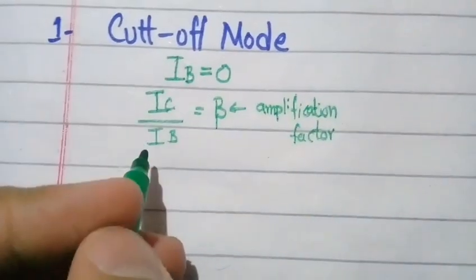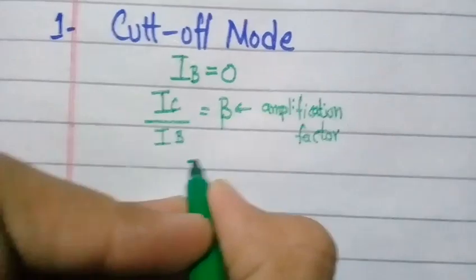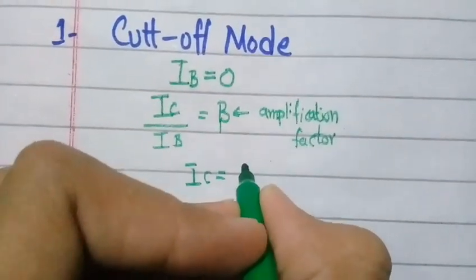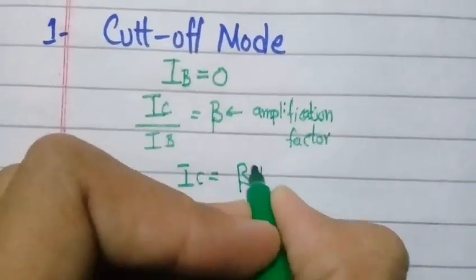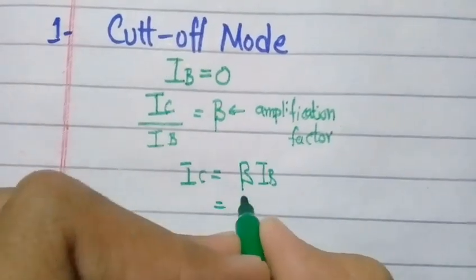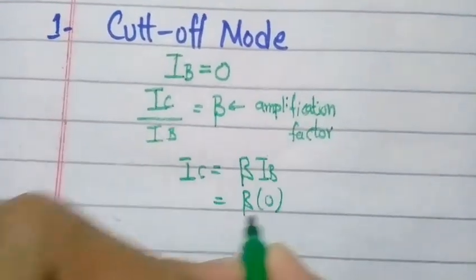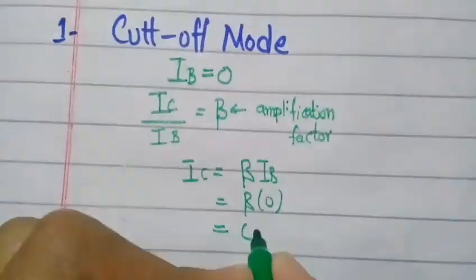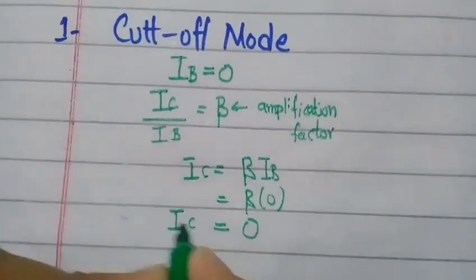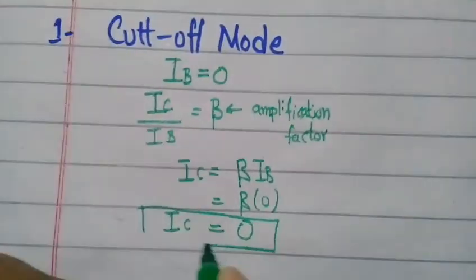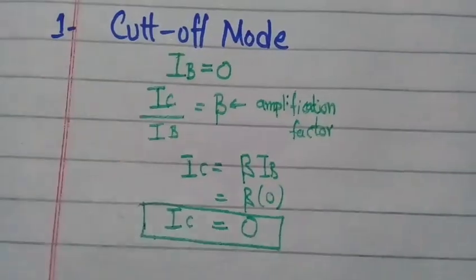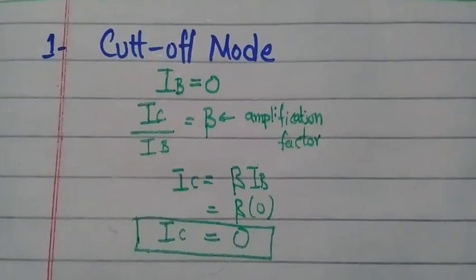IC is the collector current where IB is the base current. So IC will be equal to beta times IB, which will be equal to beta into 0. So it will be 0. IC will be 0 in this state, which is called cutoff mode.